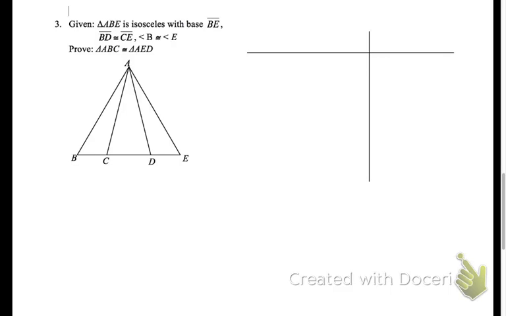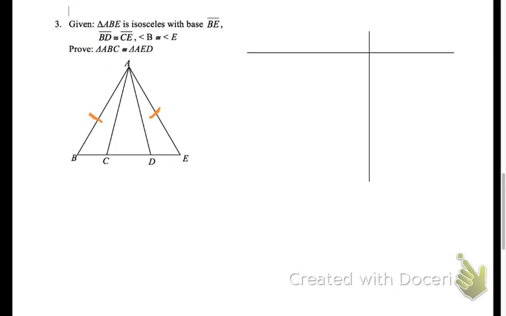All right, one last example. We've got triangle ABE as isosceles with base BE. Okay, isosceles tells us that two sides are congruent. The base BE is not one of the congruent sides, so AB has to be congruent to AE. All right, we've got that.